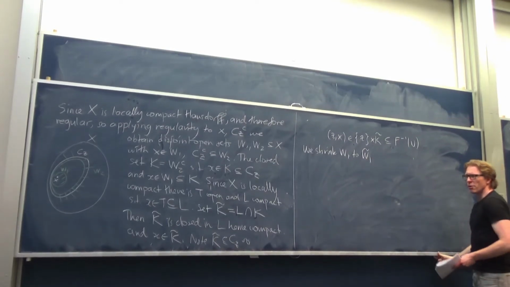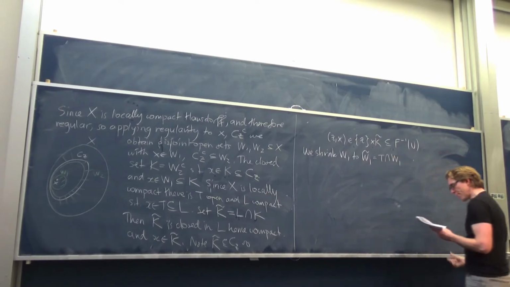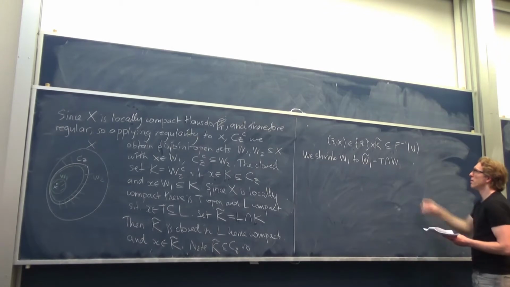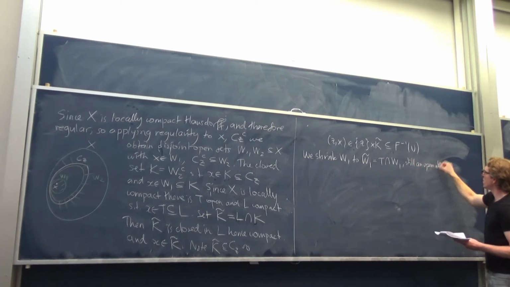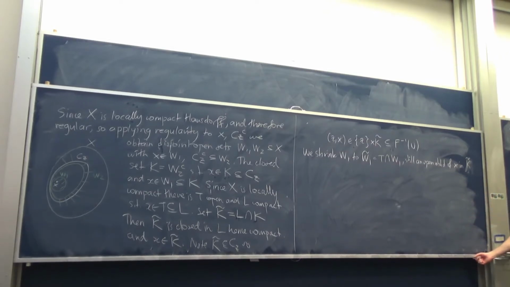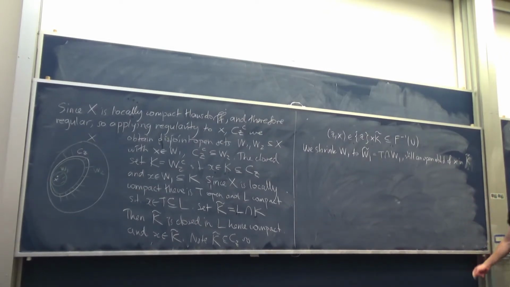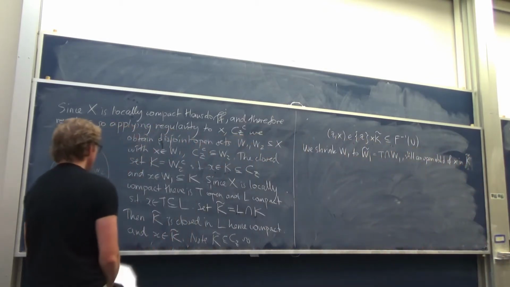W1 I just intersect with this open set T, and by construction it's still an open neighborhood of X in X. Now it's an open neighborhood in K tilde, because T is contained in both L and K. Is that true?